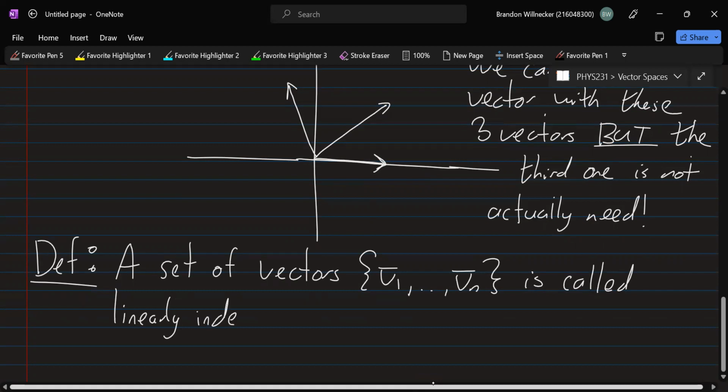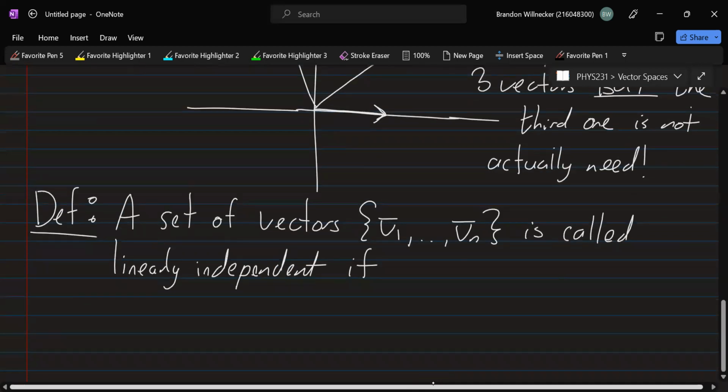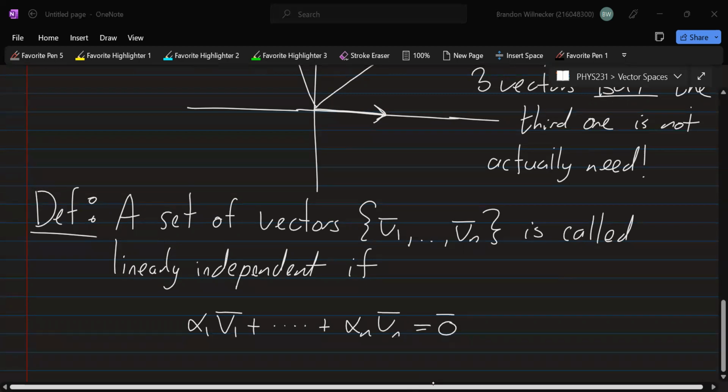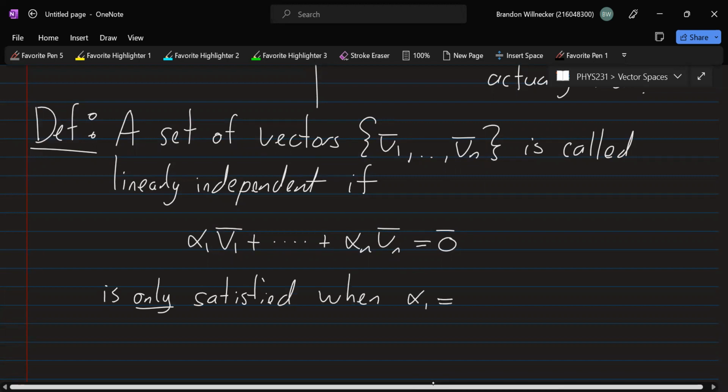It's called linearly independent if the linear combination alpha 1 V1 plus dot dot dots plus alpha n Vn equals 0 is only satisfied when all of these alpha terms, alpha 1 up to alpha n, are 0.